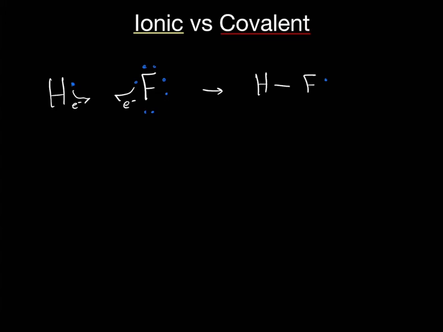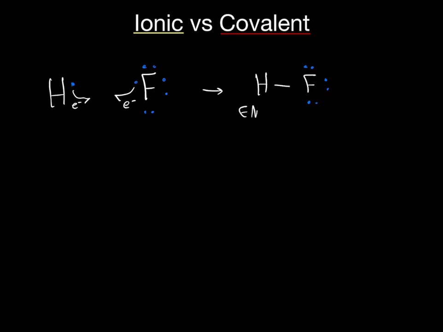They're basically sharing those two electrons. Now, last time in our covalent bond, we had the same element on each side of the bond, hydrogen. But in this case, we have different elements. And so we can't say for sure that this is a nonpolar covalent bond. What we need to do is look at our electronegativity values.